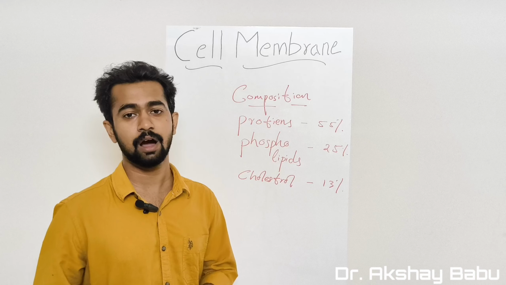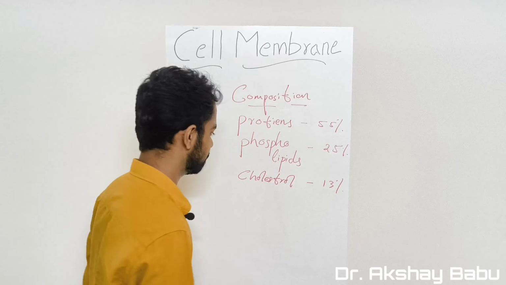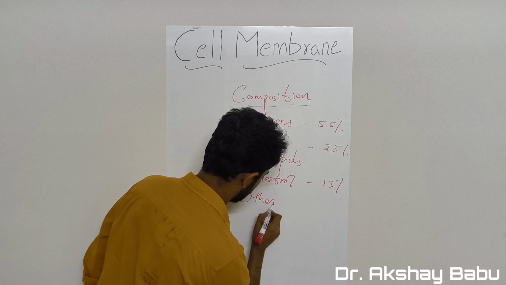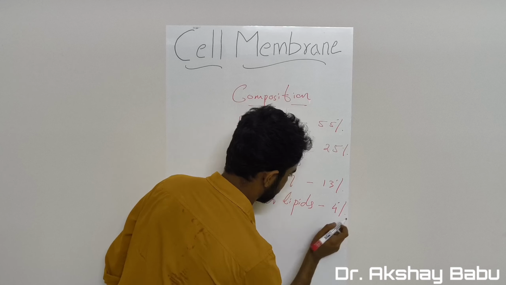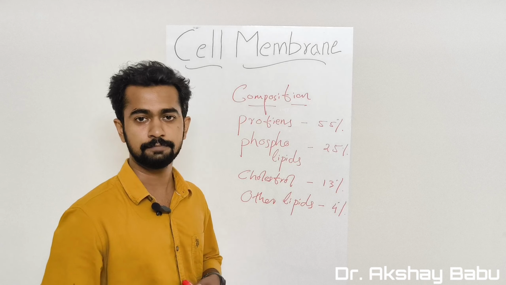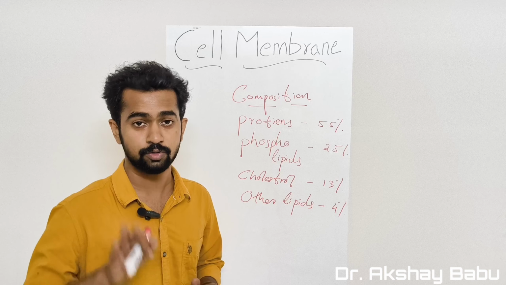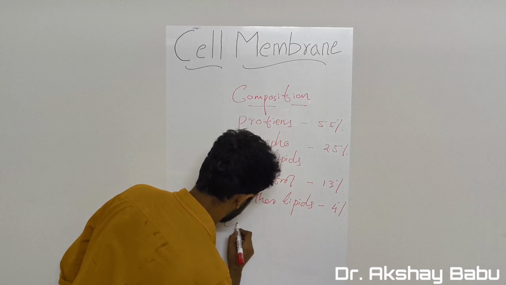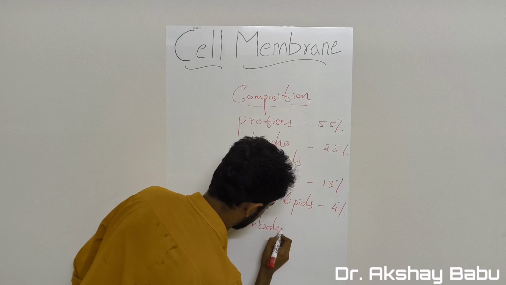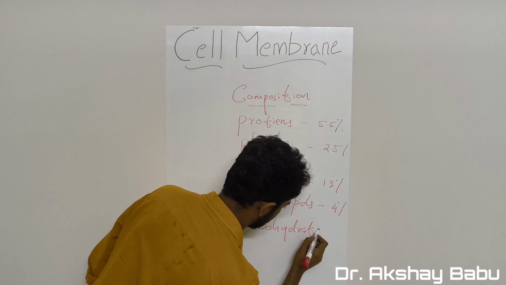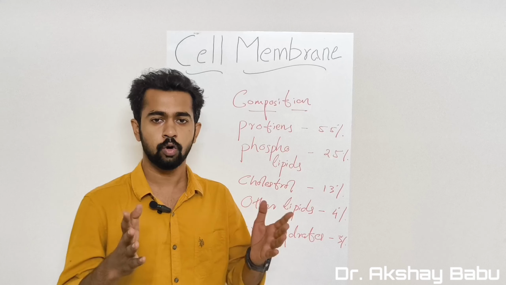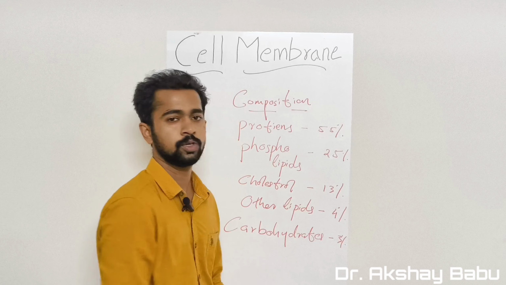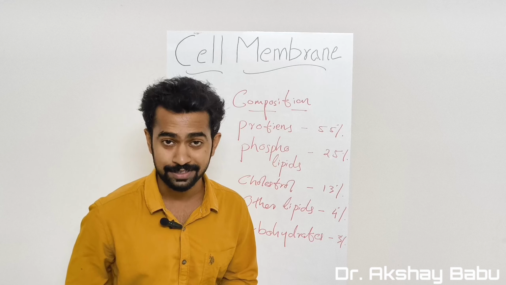Then other lipids account for 4%. And carbohydrates account for 3%. So by totaling all these values, we will get 100%.